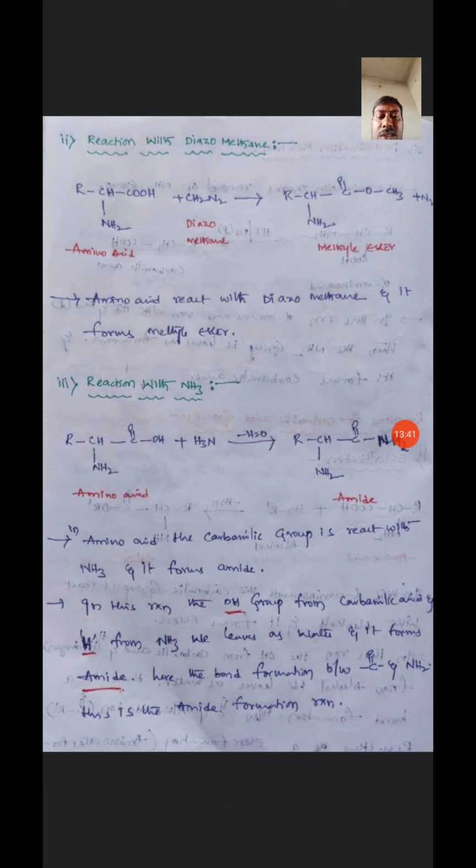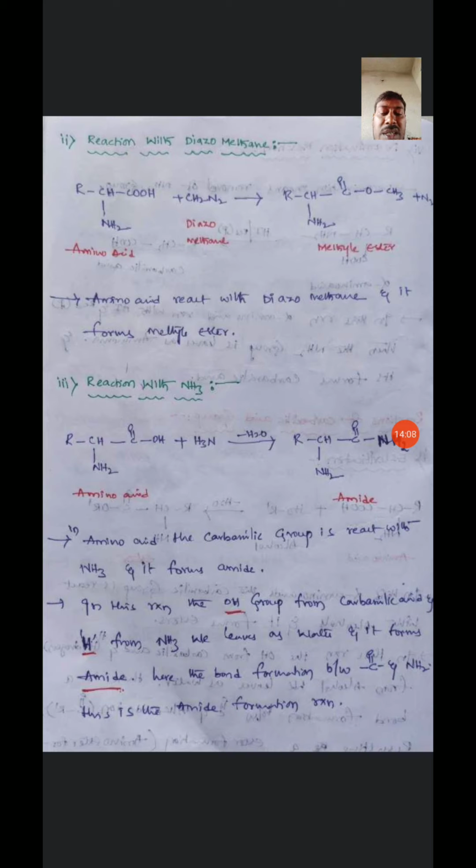And the next reaction is with ammonia. Here the carboxylic group of the amino acid reacts with ammonia and it forms amide.